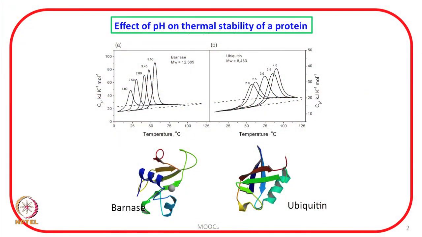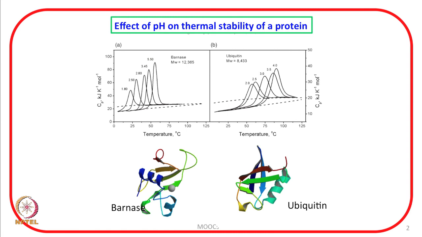What is the effect of pH on thermal stability of a protein? I am showing here two differential scanning calorimetric profiles. One is for the protein Barnase, this one on the left hand panel, and the other is for ubiquitin, this is on the right hand panel.